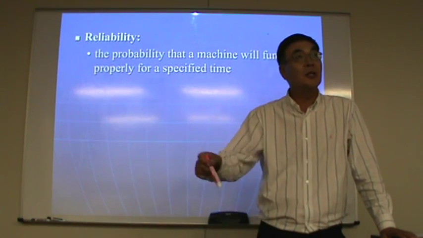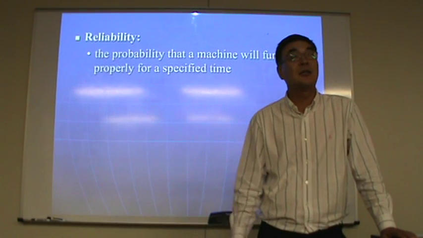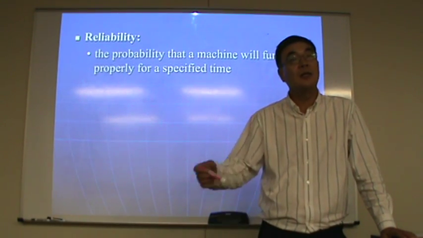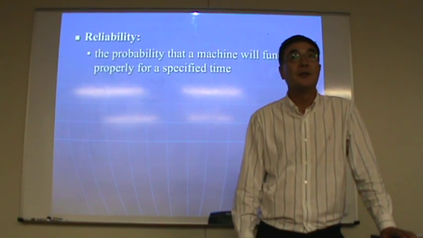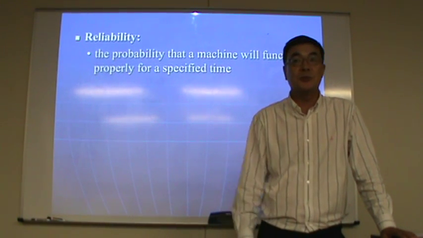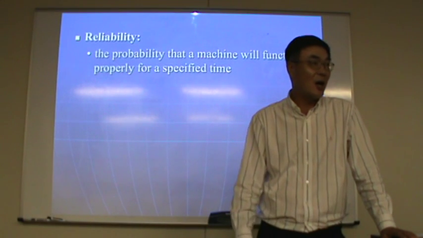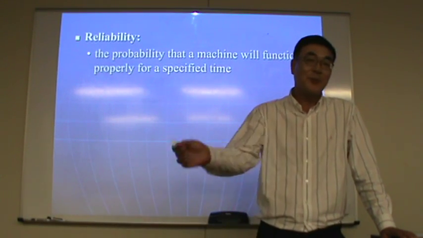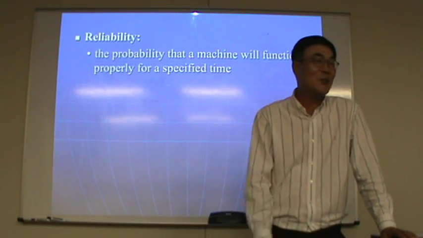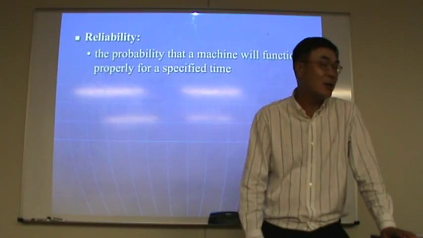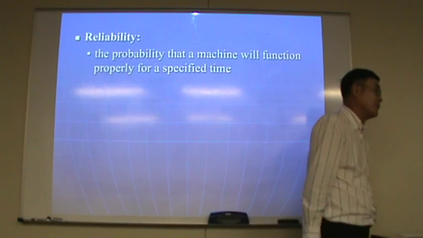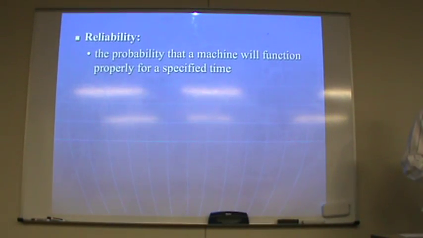Earlier, Hyundai, like 1980 and 1990, about that time, Hyundai's commercial was about a reliable car. Before that, the Hyundai car was not reliable. Now the Hyundai car is good, but at that time the problem was reliability.